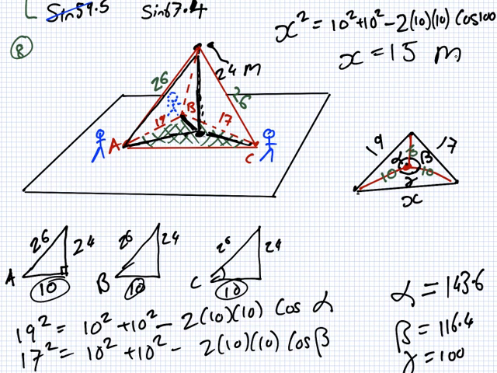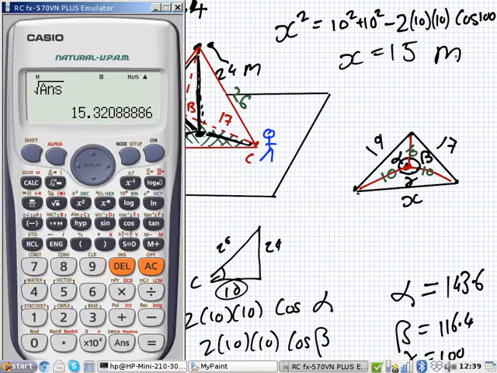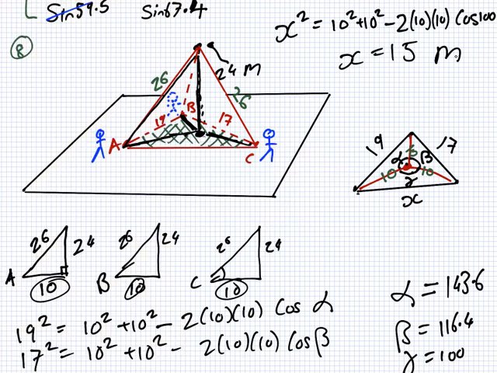Let's have a look now at 9. Nine is great. I love 9. A plane leaves point X heading east. So here's the plane and it's flying east.